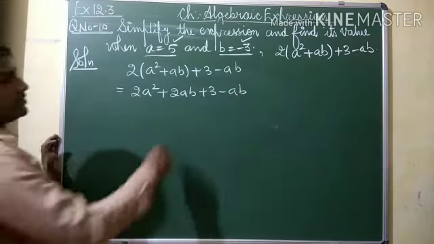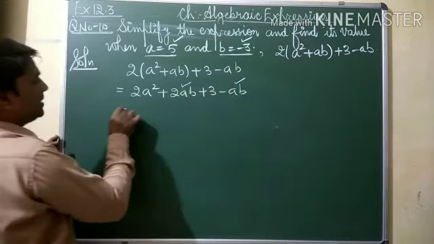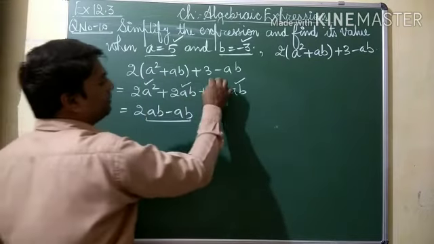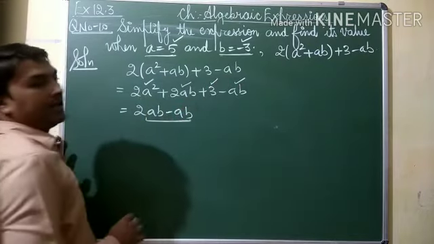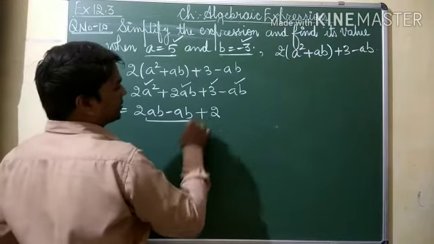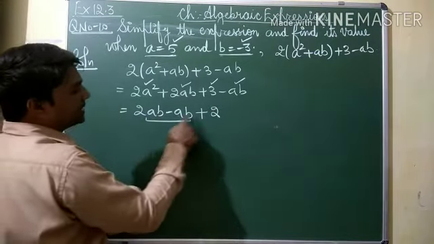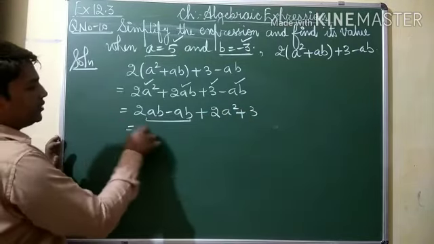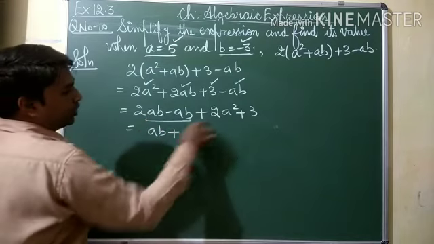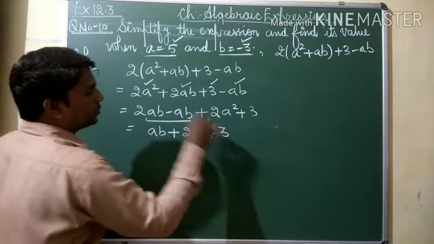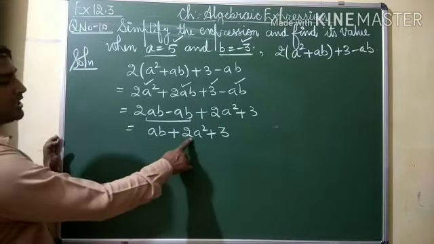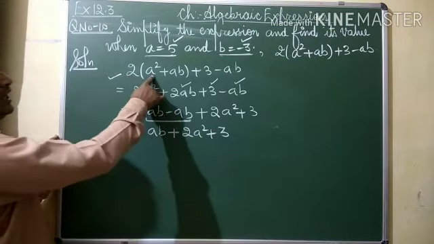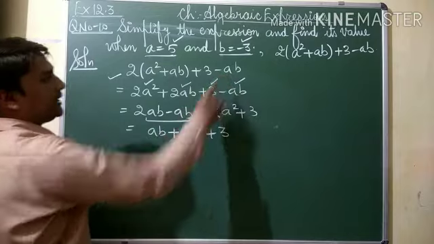Now combine the like terms, we get 2ab minus ab be the first group of like terms and 2a square and plus 3 be the two unlike terms. So they will remain as it is. So it becomes 2ab minus ab plus 2a square plus 3. Now 2ab minus ab is equal to ab plus 2a square and then plus 3. Therefore ab plus 2a square plus 3 is the required simplified form of algebraic expression 2 into a square plus ab plus 3 minus ab.